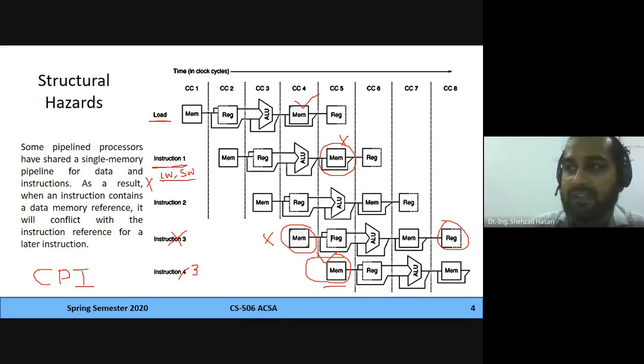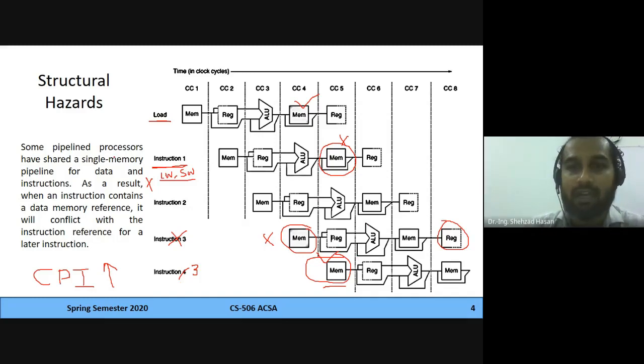But if instruction 1 is also a load instruction, then again you have to insert another stall of 1 cycle and start instruction 3 from cycle number 6. So this means you have wasted 2 cycles, and any wastage of cycles is going to increase the CPI. So this is a problem.